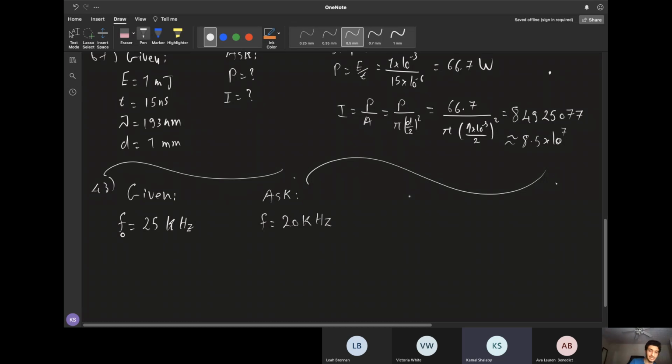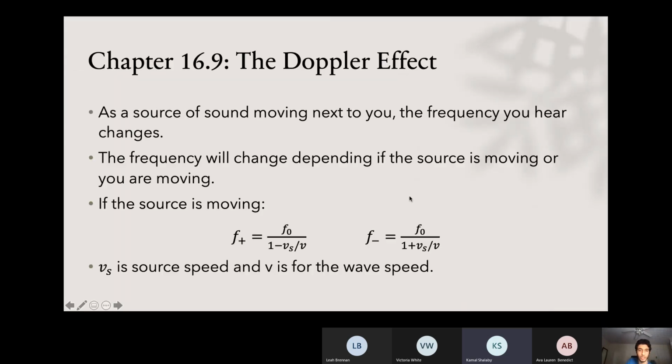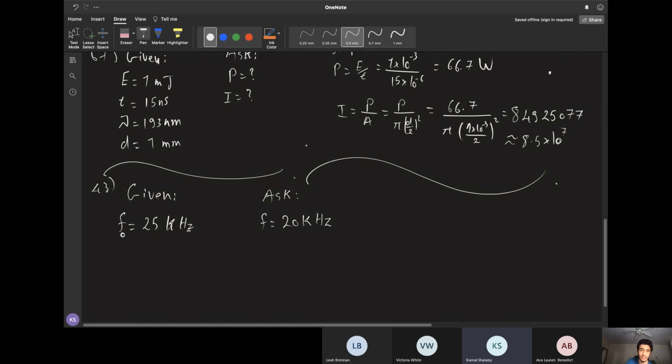Away, yes indeed. So now we look at those equations. If the source is moving away, the frequency that you hear will be less, so we're going to use this equation. Let's call this f minus.